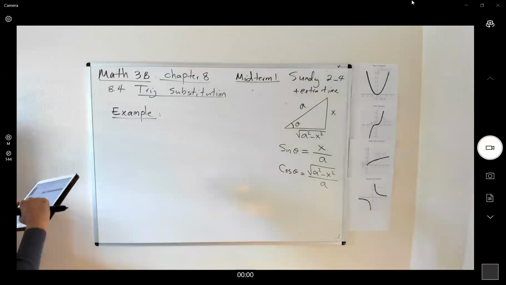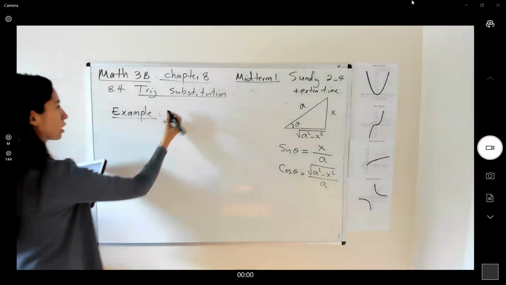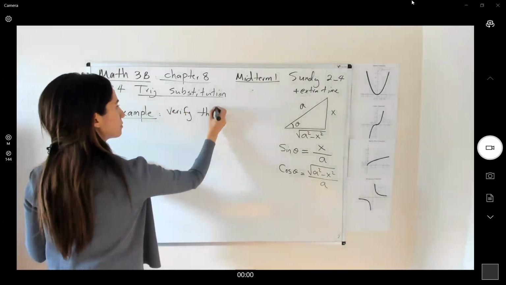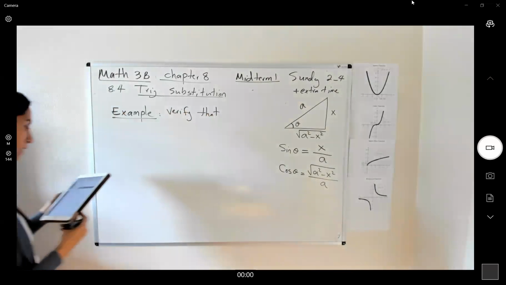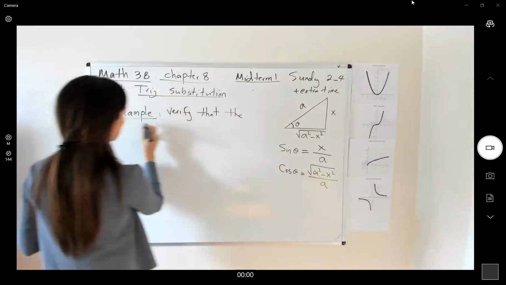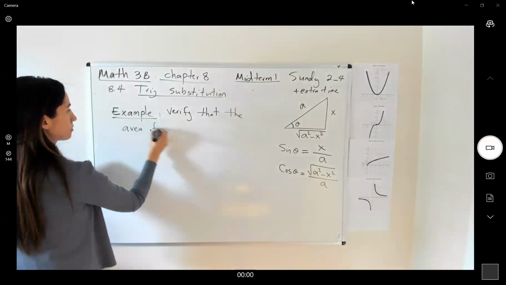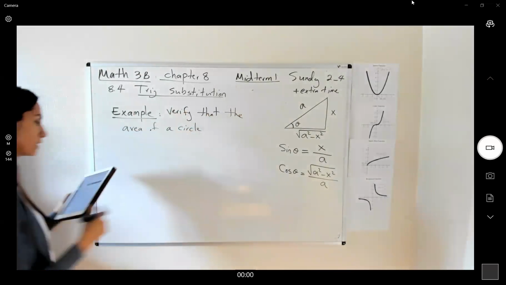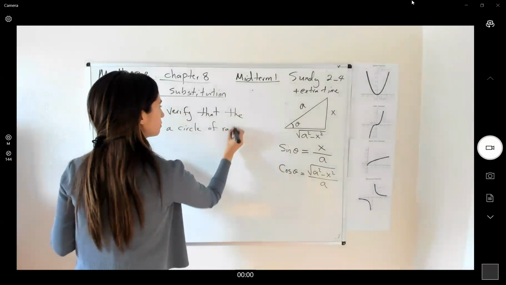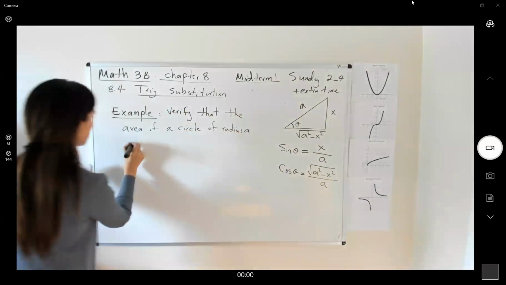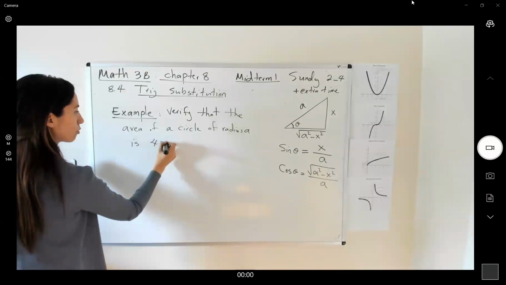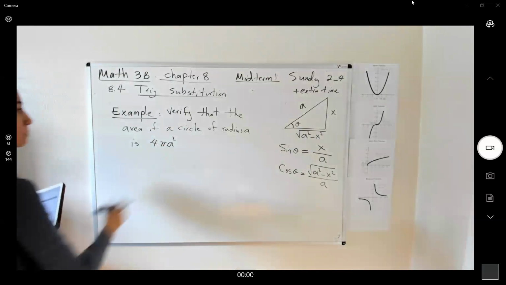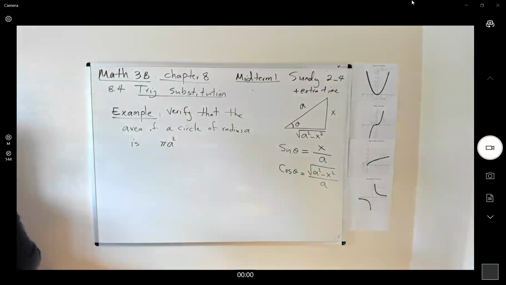In this example, the question says, verify that the area of a circle of radius a is pi a squared.